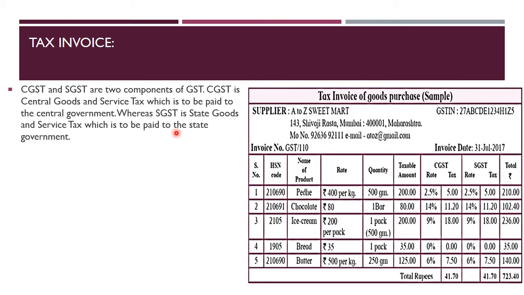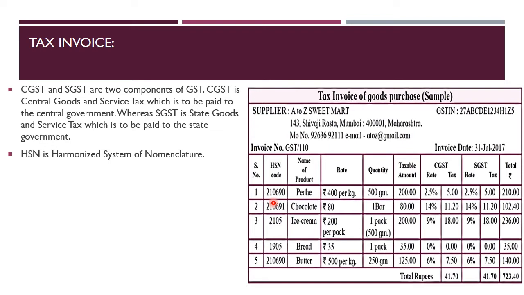Okay, next comes the HSN. Here if you see, there is an HSN code shown. Now HSN code is the harmonized system of nomenclature. Okay, so what is done under this is, all the types of products are named or given a code, and that naming process is called the harmonized system of nomenclature.